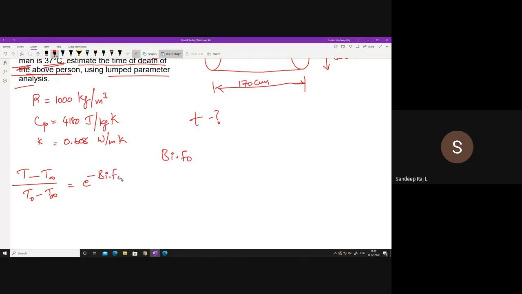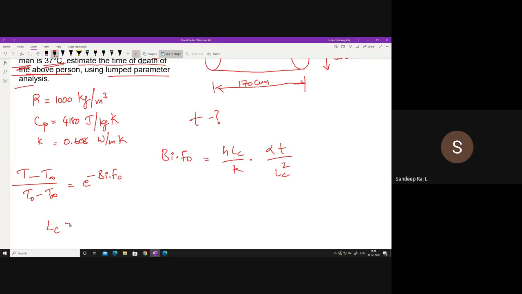Biot into Fourier is equal to h Lc by k into alpha t by Lc square. In this everything is known except Lc, so find that Lc first.